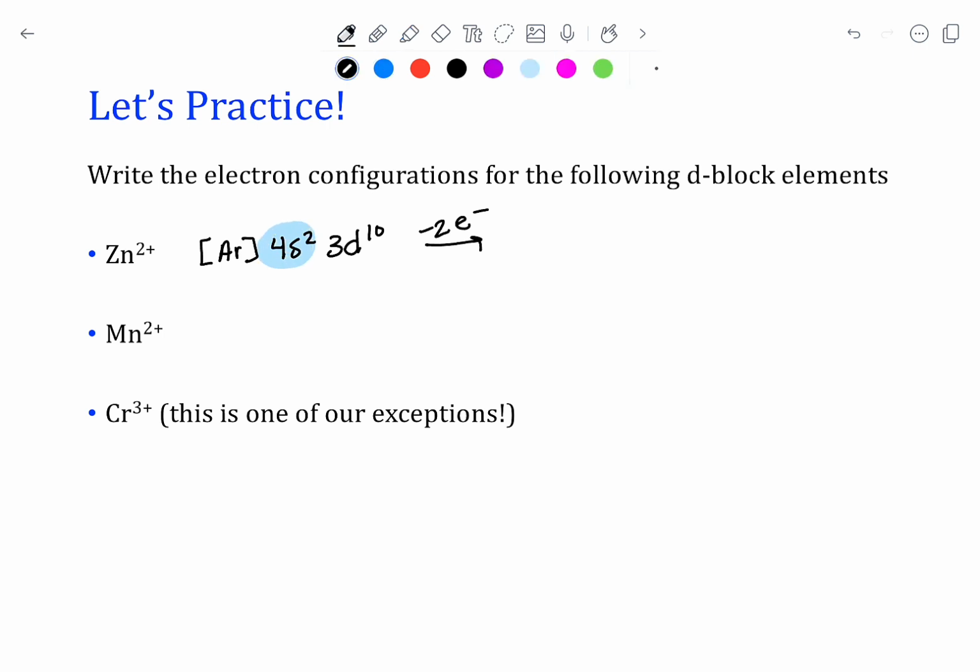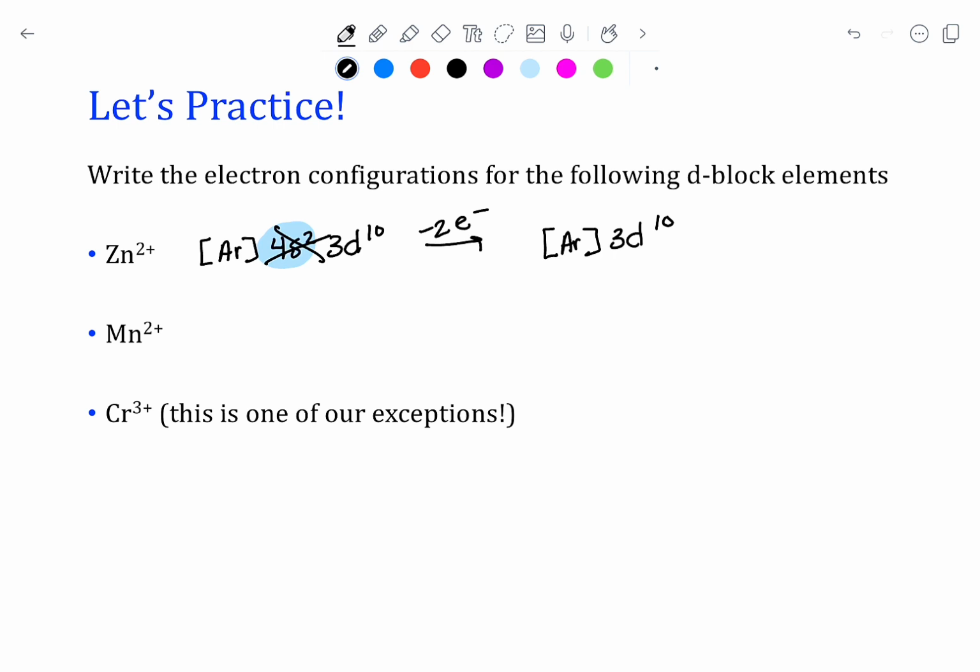I'm removing from the 4s. So I'm going to be left with argon 3d10, because I just essentially got rid of that entire s orbital. I got rid of the 4 shell in general. It's not even there anymore, so it just goes away. We just get rid of it.